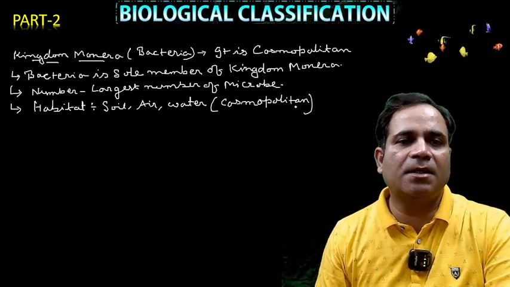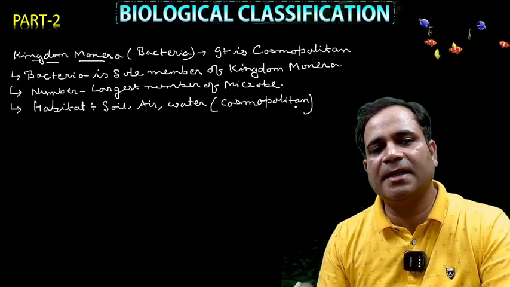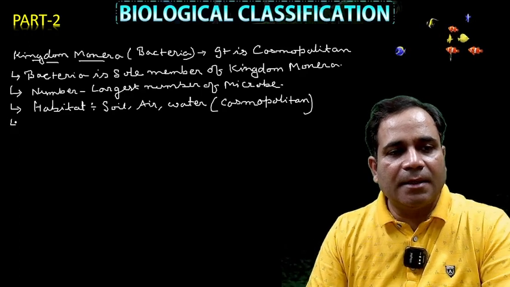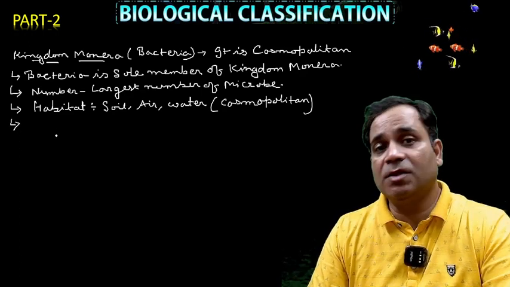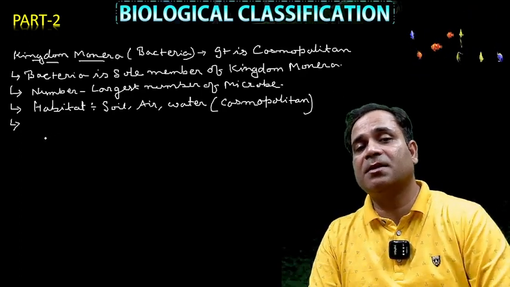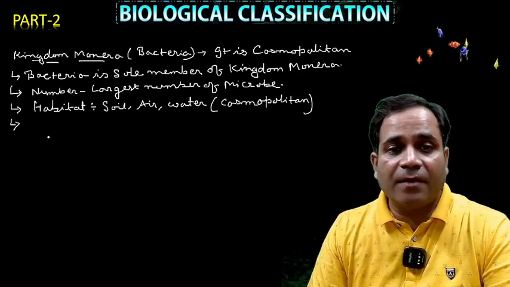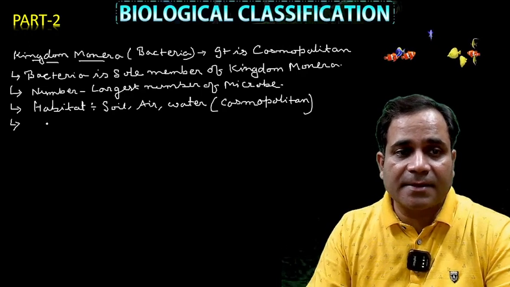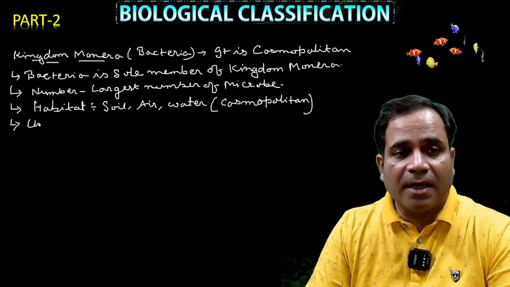The meaning is found everywhere. Each and every place the bacteria are found. Right? Now, here the habitat, that is unusual habitat. Unusual habitat means the habitat where we can't believe that bacteria are alive. Yes. So see, unusual habitat.